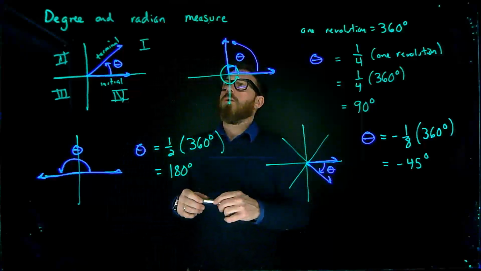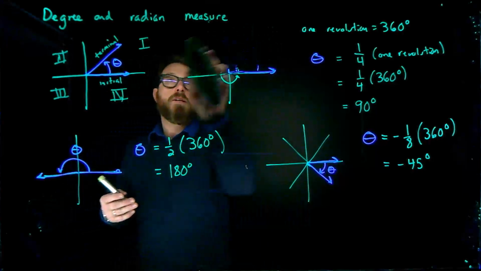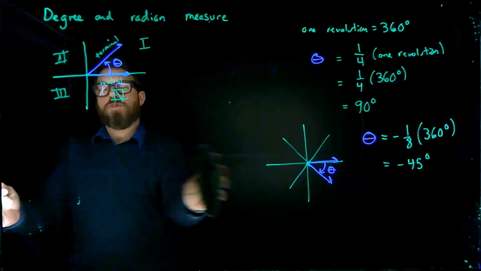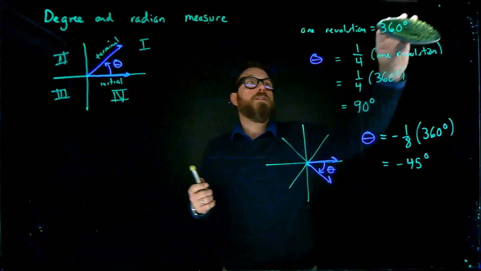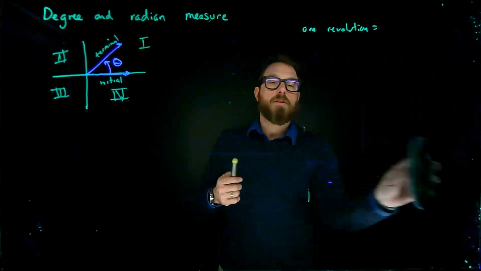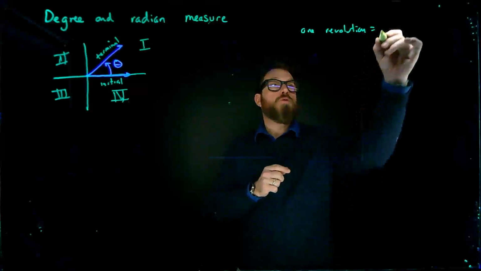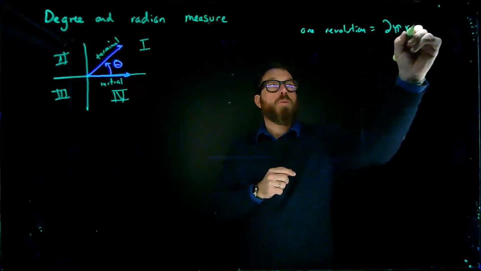Now our other form of measure is going to be considered radian measure. Radian measure comes from redefining what we call one revolution, as being equal to 2 pi radians.